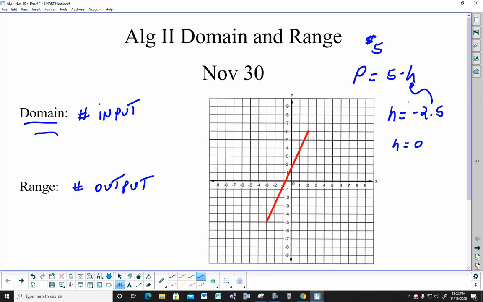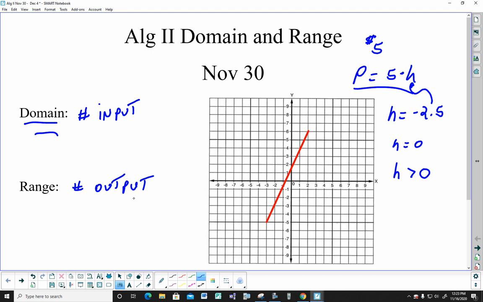So the numbers that you're allowed to fill into this formula are only numbers that are positive and bigger than 0. So H would need to be greater than 0. That's an example of the domain. It's the numbers you're allowed to fill into the equation.